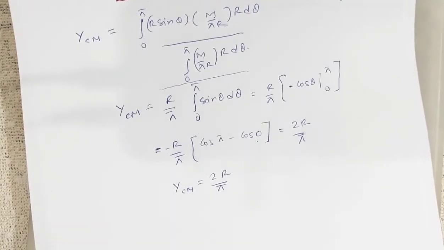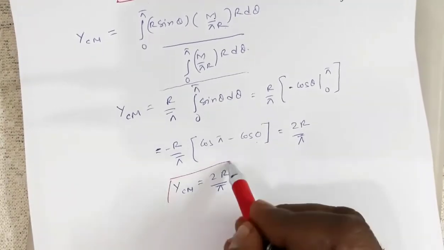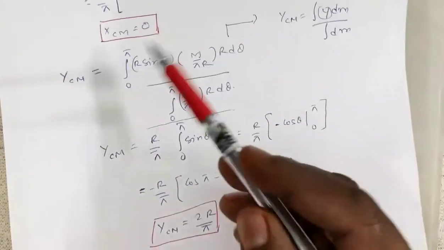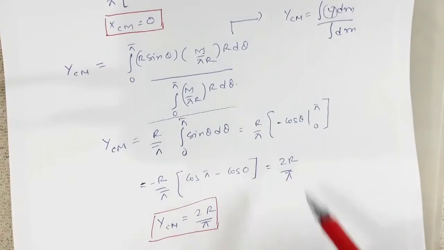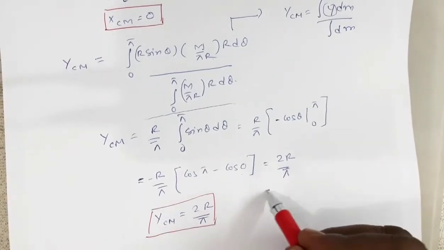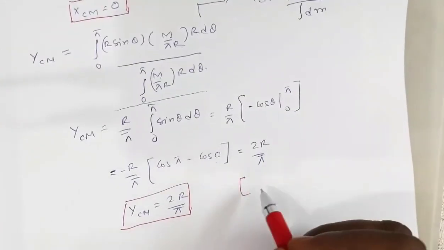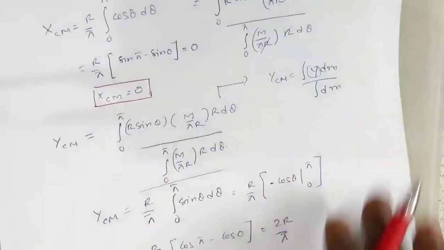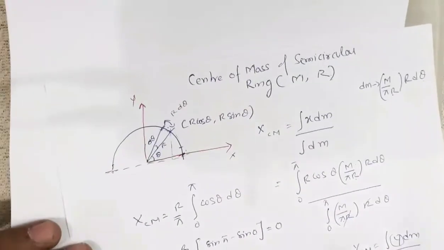So now we have got the x coordinate and y coordinate of the center of mass. The x coordinate is 0 and the y coordinate is twice r by pi. So we can write the final result for a half ring, or a semicircular uniform ring, as follows.